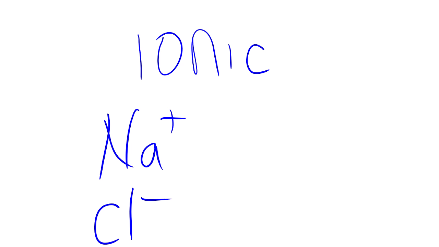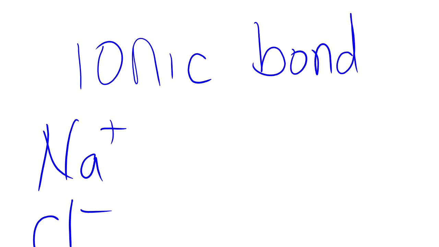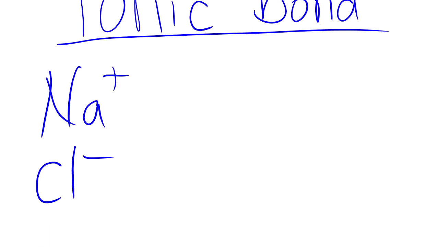What is ionic? Ion is just the name, but ionic means something that involves ions, something that involves charge. So ionic bond is what? It is the union between sodium and chlorine. It is a type of union where we have positive and negative ions together to give a neutral product.